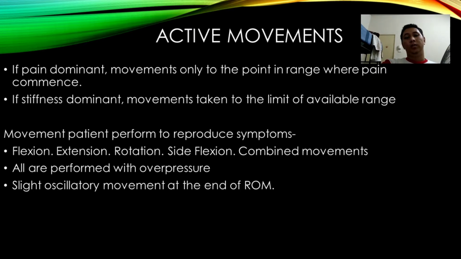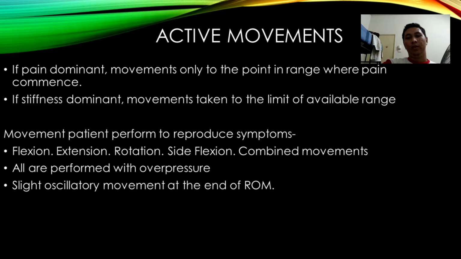Next, the examiner should ask the patient to do some active movements to reproduce their symptoms. If the pain is dominant, the movement goes only to the point in the range where the pain begins. If the stiffness is dominant, movements are taken to the limit of the available range.